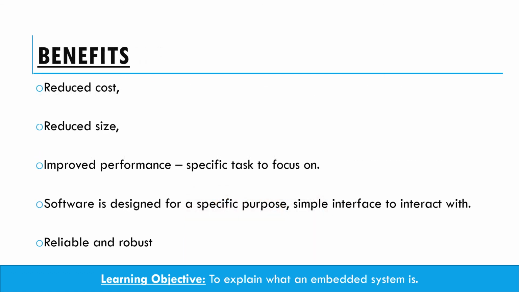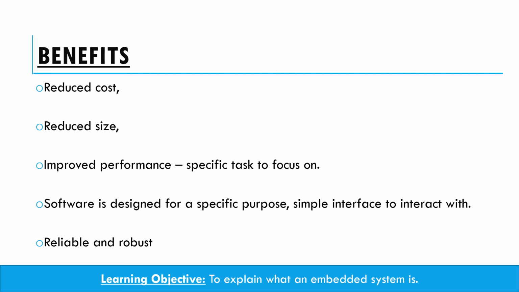The benefits of using embedded systems include reduced cost of manufacturing the device and maintaining it, reduced size, improved performance because they only have a specific task to focus on. If you think about your desktop computer or your smartphone, there are lots of operations going on in the background.